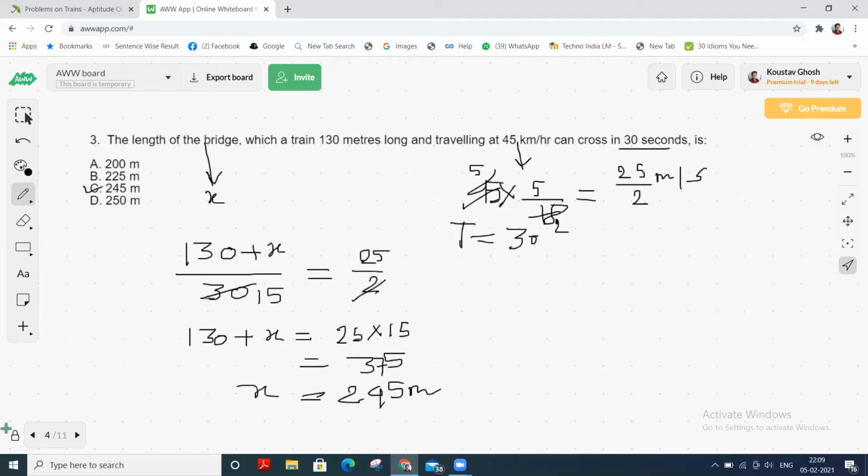So C is the correct choice. The 130 plus x means the train has to cover the train length and the bridge length in 30 seconds, so it is the speed.